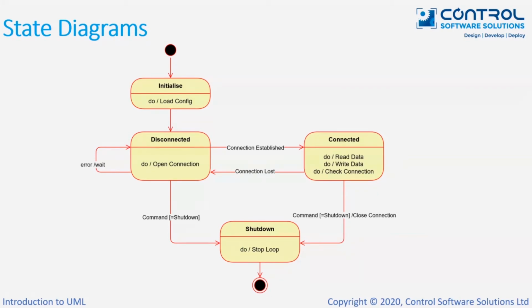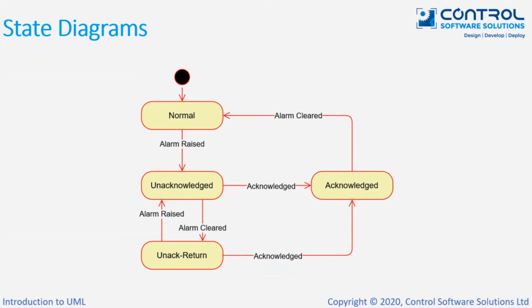And to try and get that across, rather than just show a process loop type state machine, I've also modeled an object state. So if I've got a system that's monitoring pressure, for example, I might have an alarm state. Now, I might have a state called normal.